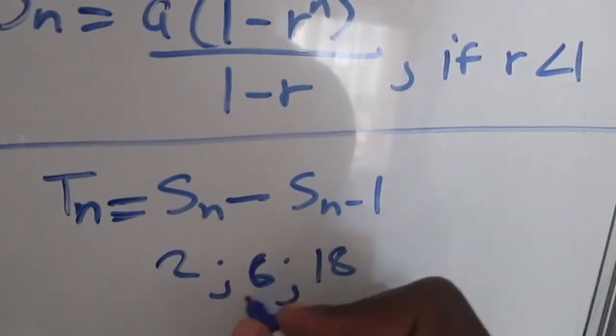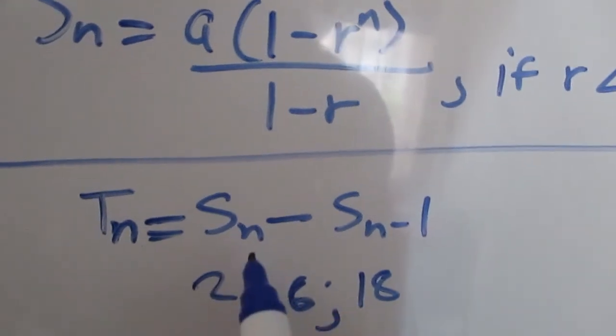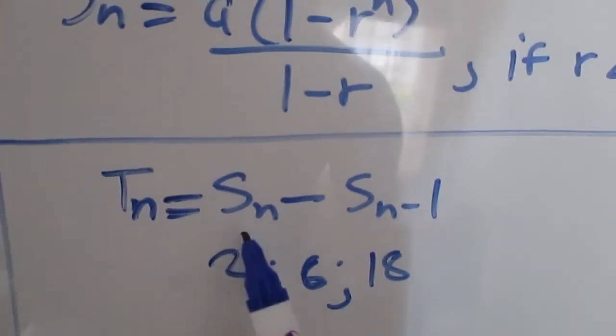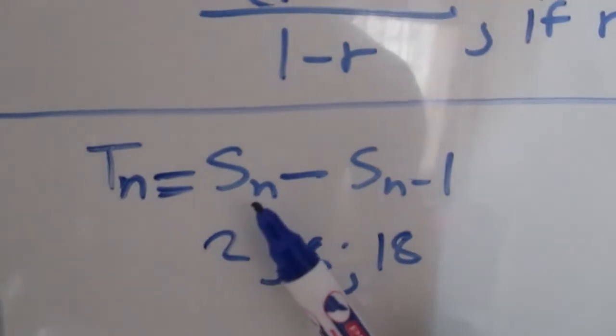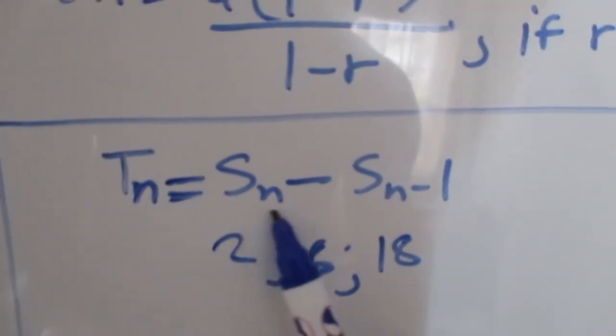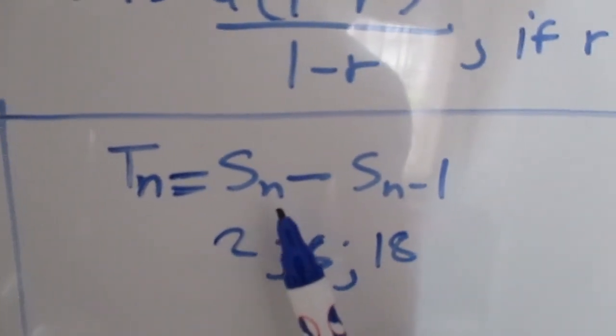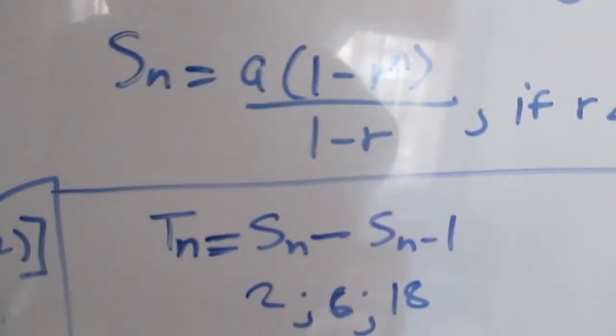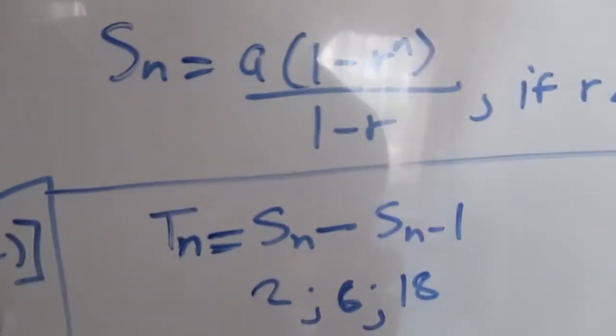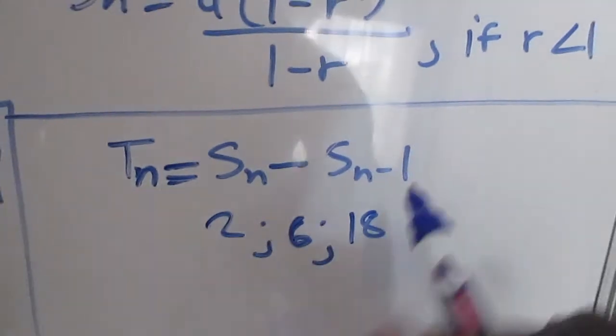You basically can do that if you're given a formula for the sum. So let's say you have a formula for the sum to n terms. So you find the sum at n terms, and you subtract the sum of the previous number of terms. Let me just do this to explain this.